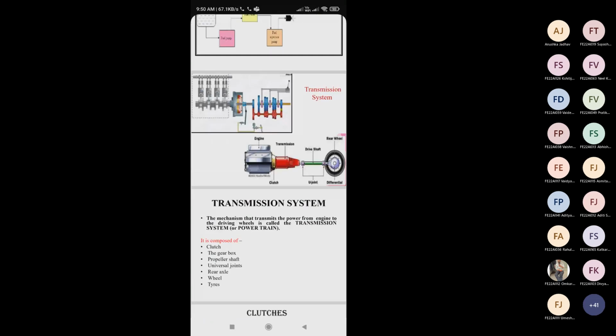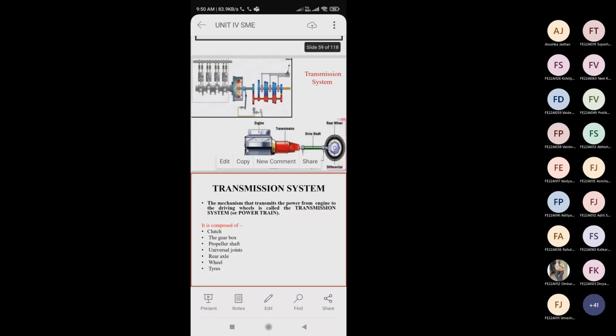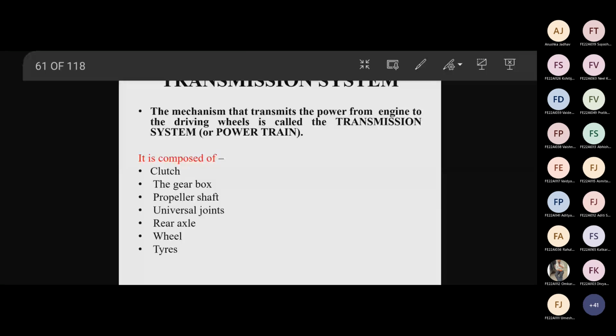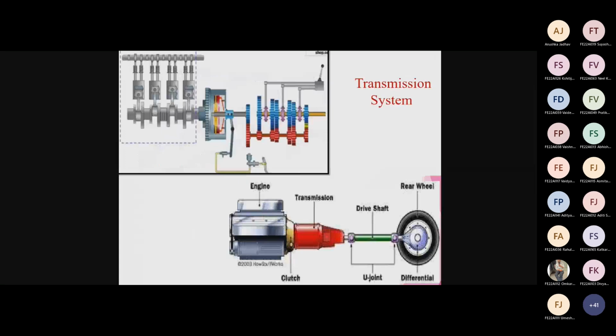In the transmission system, we are going to see clutch, gearbox, types of gears, propeller shaft, and differential. In the safety system, we are going to see the active safety system, in which we will see the anti-lock braking system, and in the passive safety system, we are going to see seat belt and airbags, right?